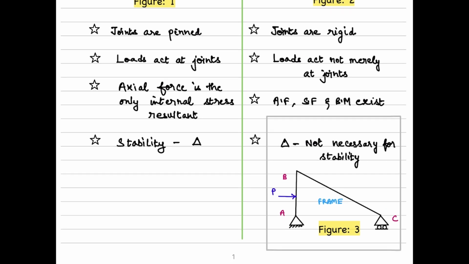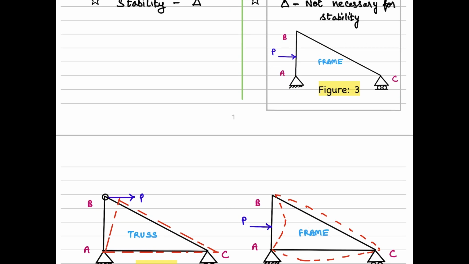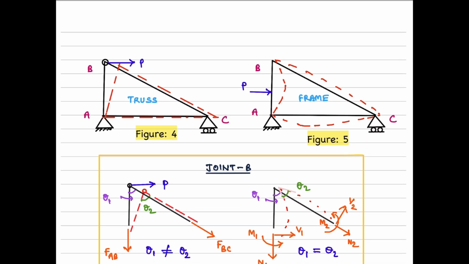For instance, we have a particular frame here in figure 3. Here we don't see any triangulation. However, this particular frame is stable. So triangulation is not a necessary condition for frames to be stable. These are the four differences that exist between a truss and a frame.